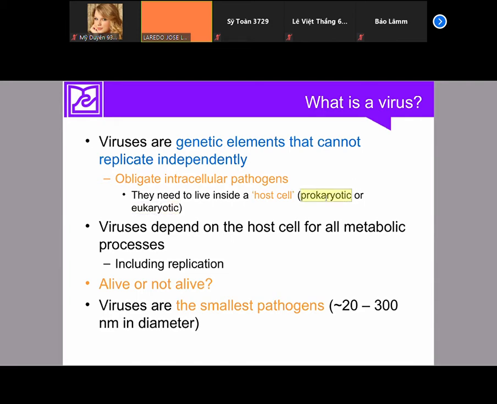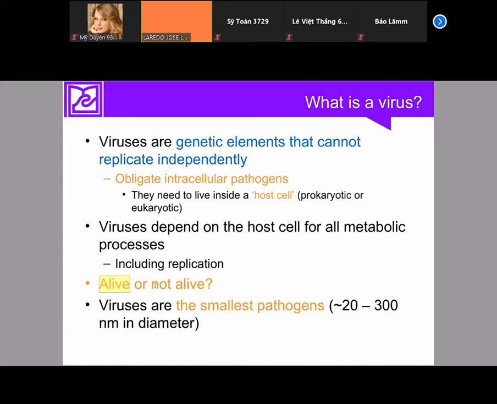Look, also prokaryotic cells. There are thousands of viruses that infect bacteria. Viruses need the host cell for everything. They need the host cell for all metabolic activities, including replication. We don't know if viruses are alive or not alive. We don't know, because we don't know exactly the meaning of being alive.